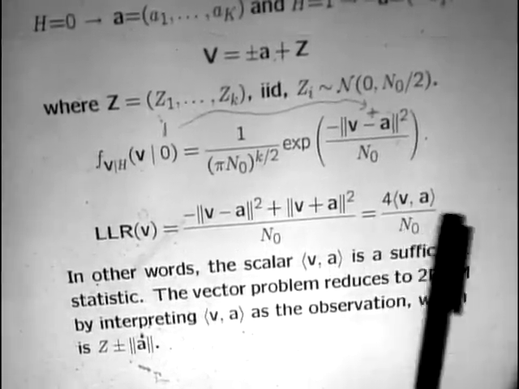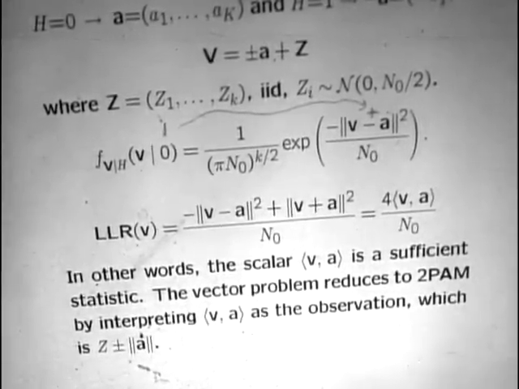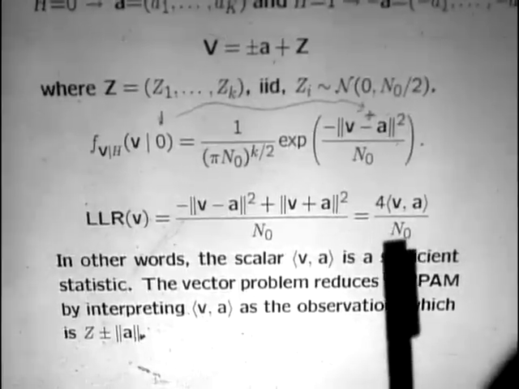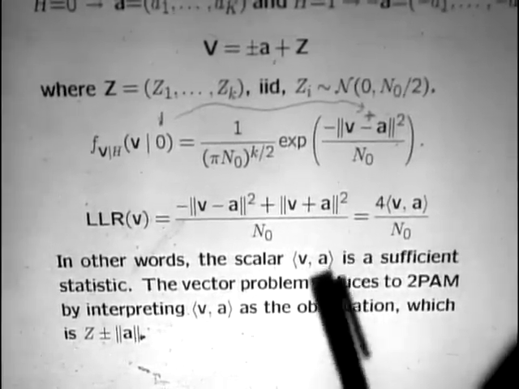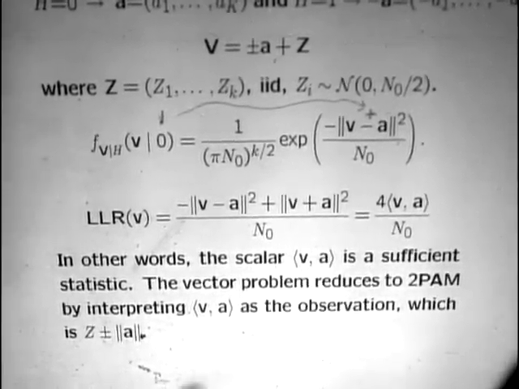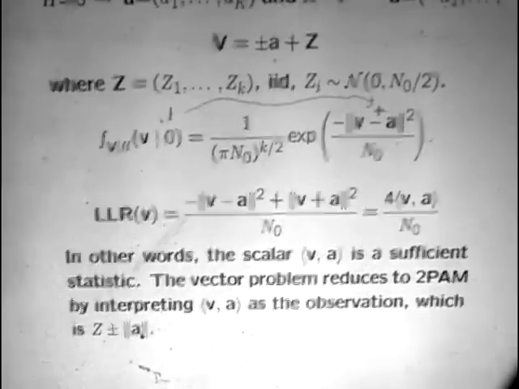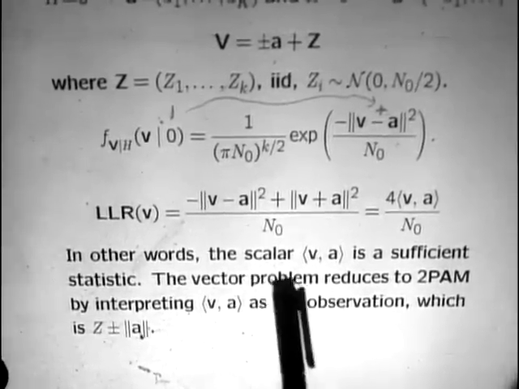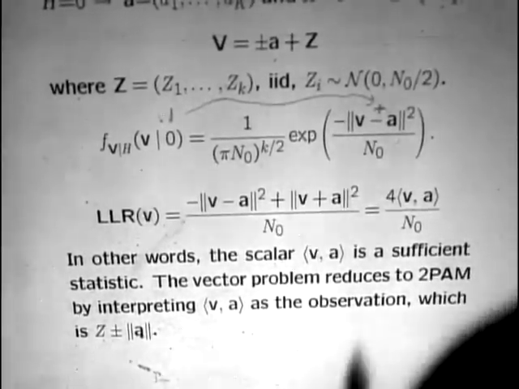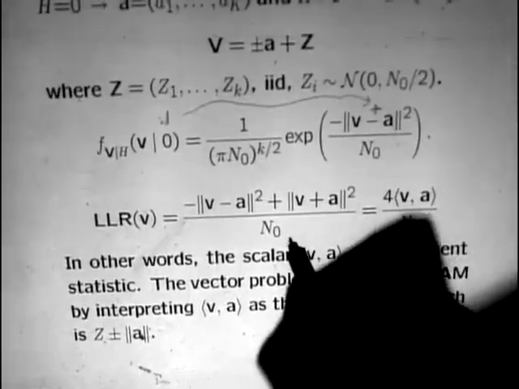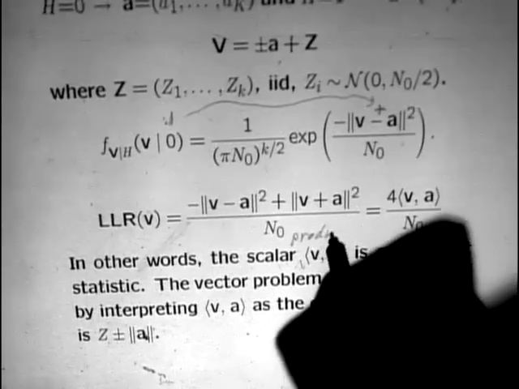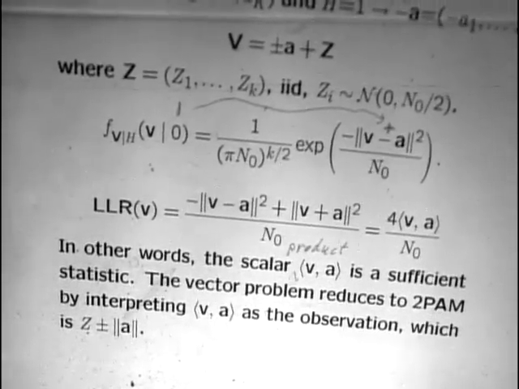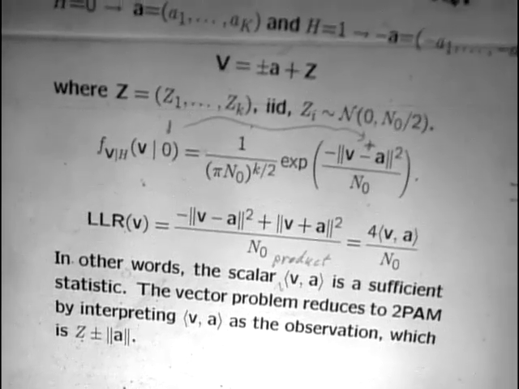Strangely enough, you get almost the same formula you got before, except here you have the inner product of v with a instead of just the product of v times a. So in fact, we just have a slight generalization of what we did before. In other words, the scalar product is a sufficient statistic.